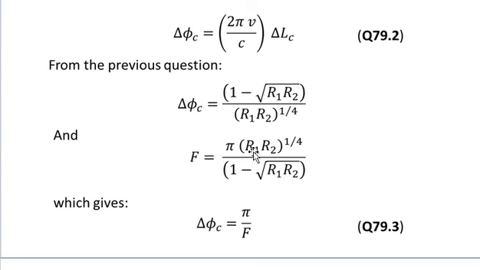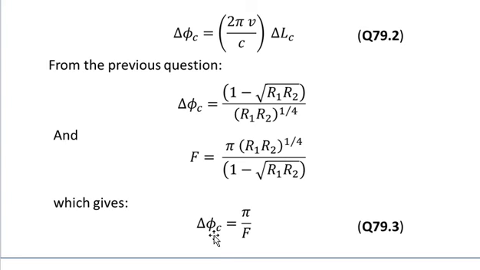So we can represent delta phi c in terms of this capital F using these two expressions: delta phi c is equal to pi over capital F. So again, delta phi c is actually the width of each individual peak in terms of the fineness of the interferometer in phase coordinates.